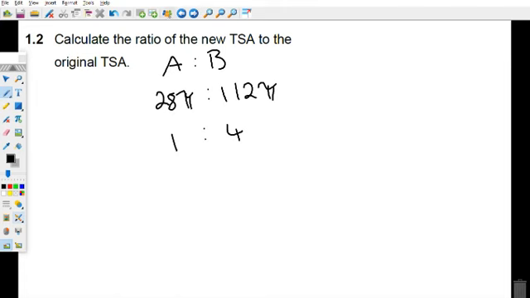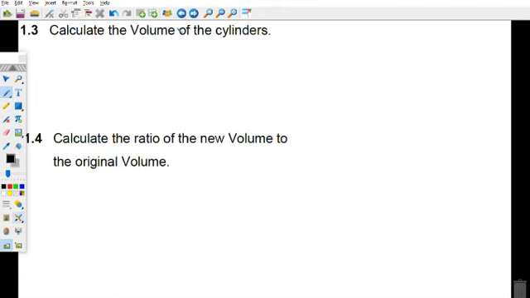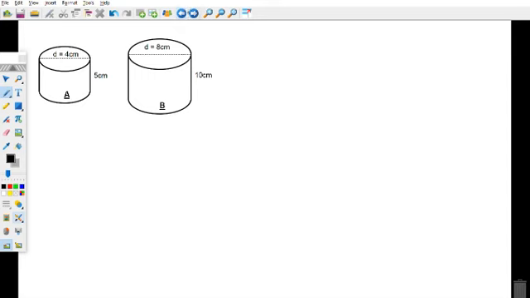So now calculate the volume of the cylinders. So we're going to work out the volume. The volume, we said, was equal to my base area times my height.